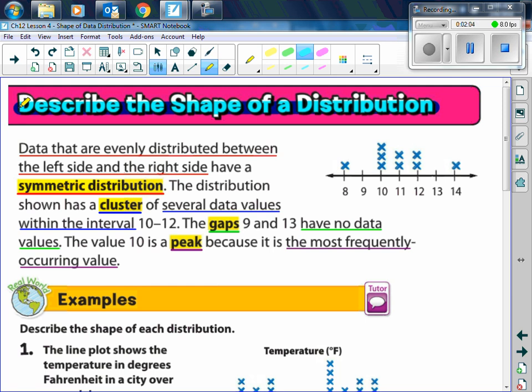side, okay? The distribution shown here has a cluster, and a cluster is several data values within the interval, and that's between 10 and 12, okay? So that is where the cluster is. Does everybody see that?